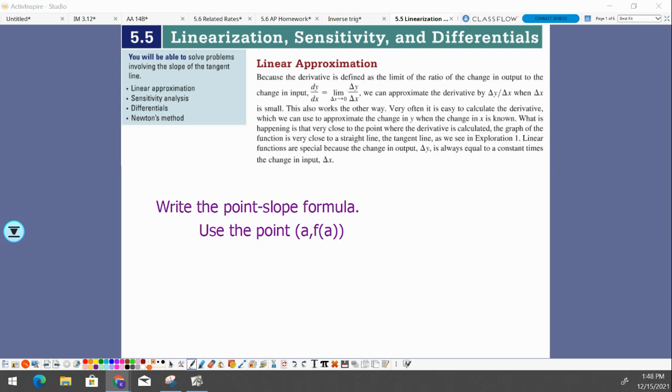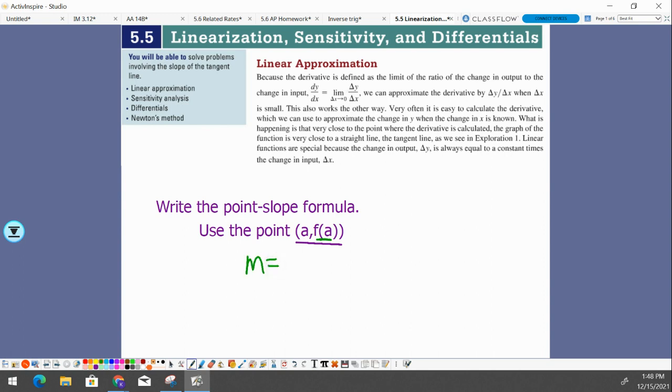5.5 is maybe one of the easier lessons that we do. So I want you to think about if you're given a coordinate point, A, F of A, could you write a formula? Now, think about if F of A is our Y value, what would the slope be?